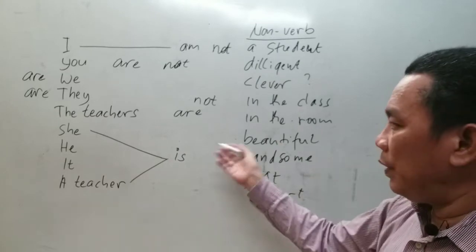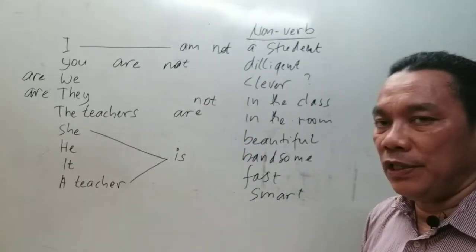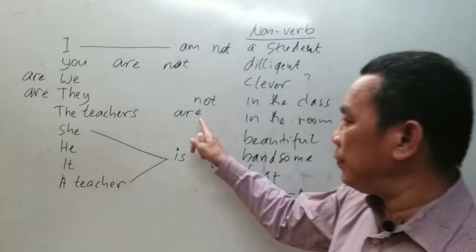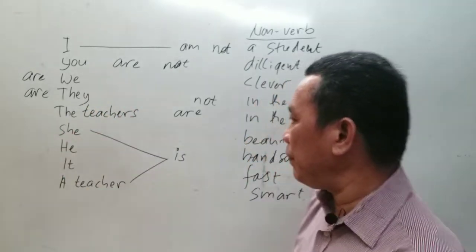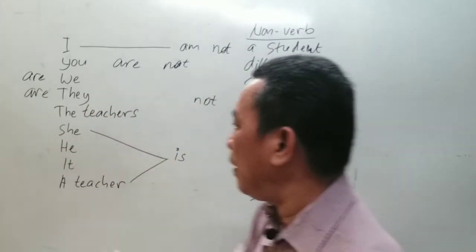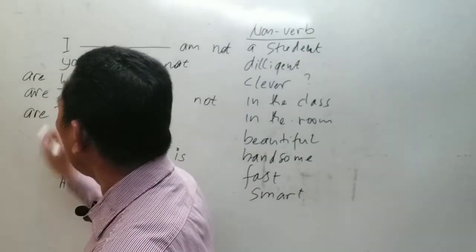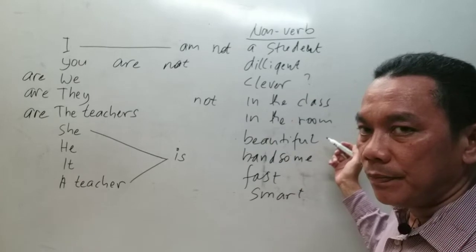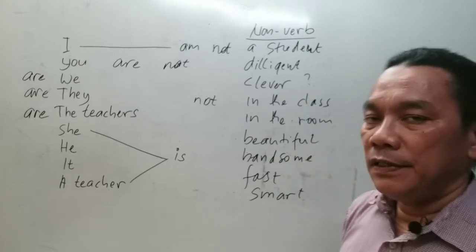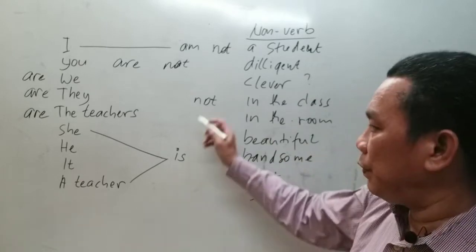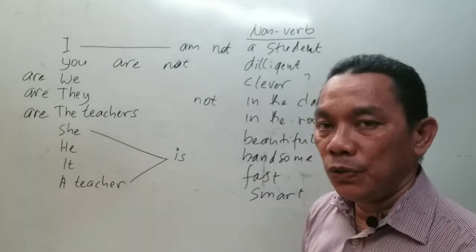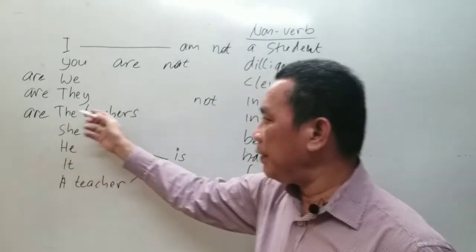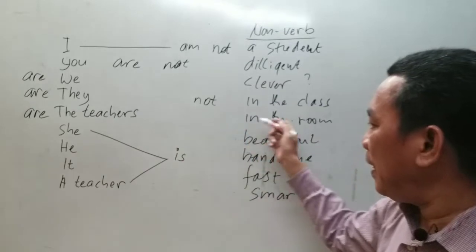And when we want to change this sentence into an interrogative sentence, we move the to be and put it before the subject. It will be, are the teachers in the room? And if the sentence is negative, we just put the word not directly after to be. It will be, are the teachers not in the room?